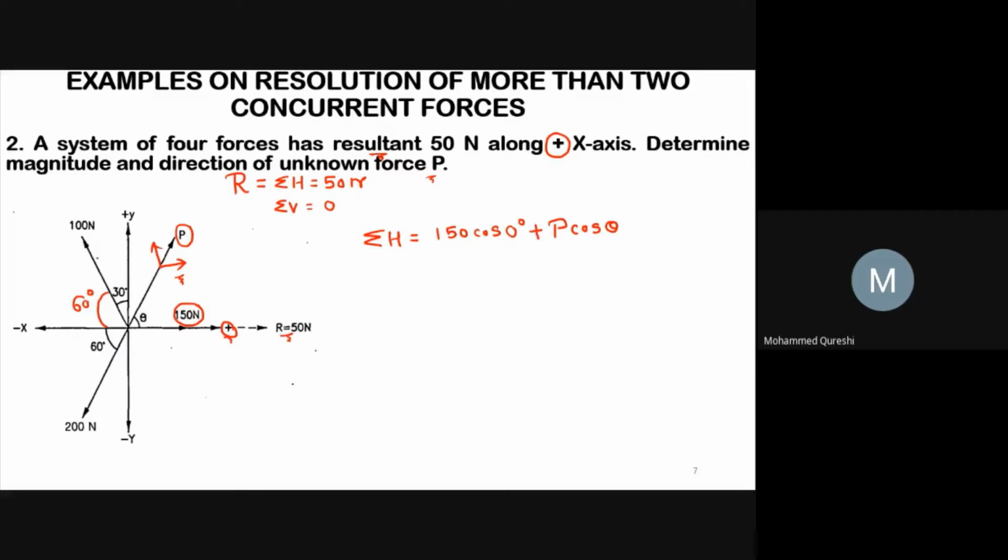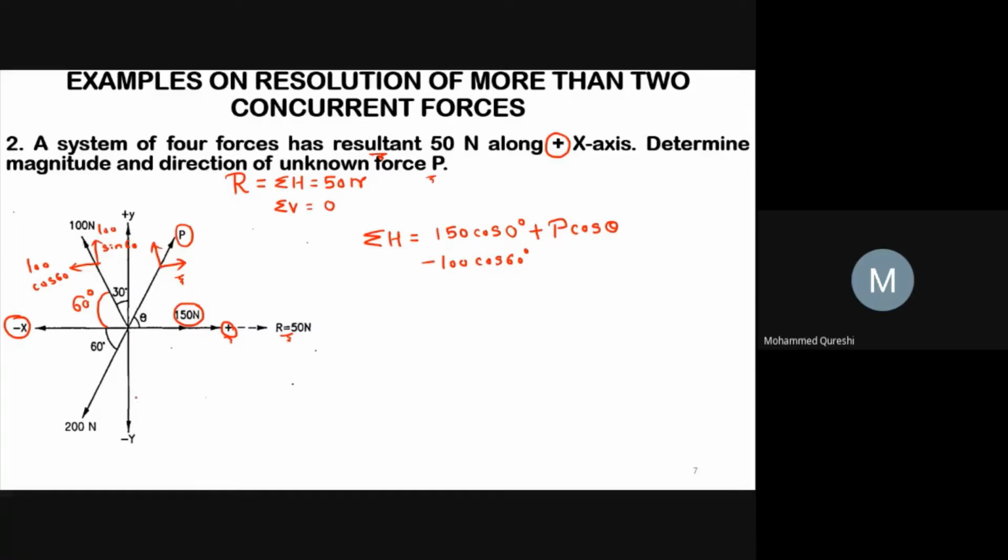Then we will go for 100 Newton. It will split into two components. This will be 100 cos 60 and this will be 100 sin 60. This component 100 cos 60 degree is going in the second quadrant, so here it will be minus.